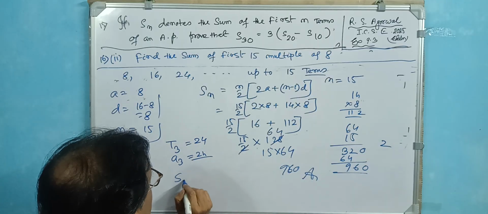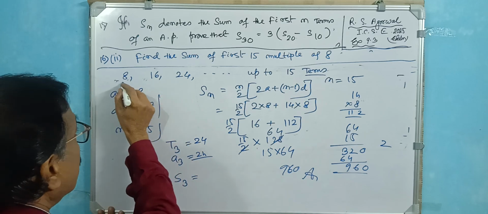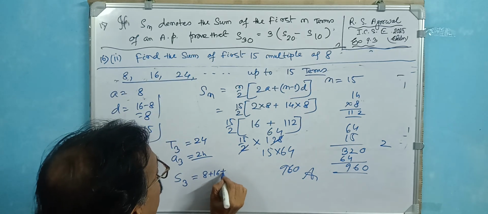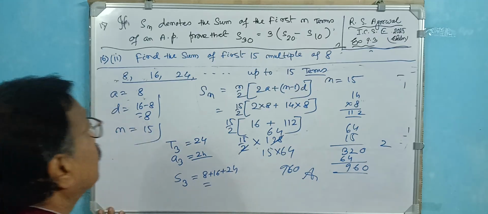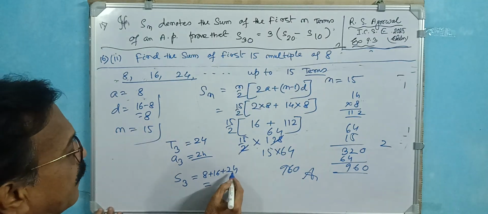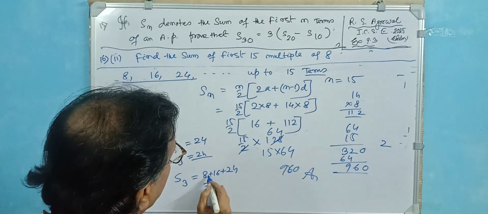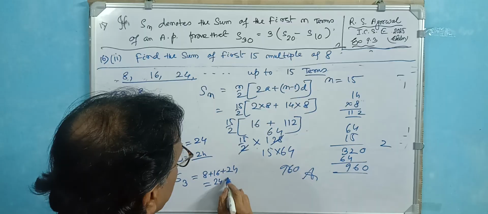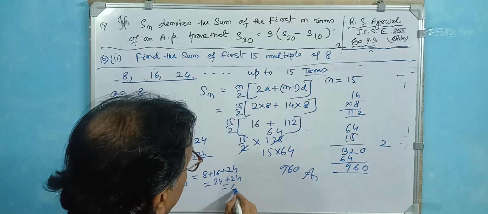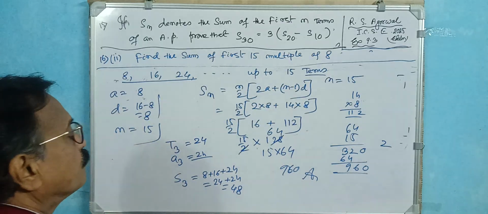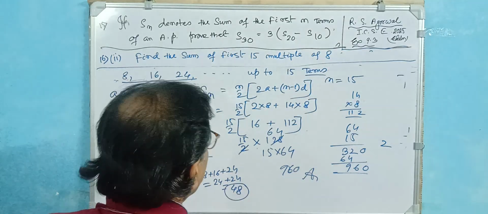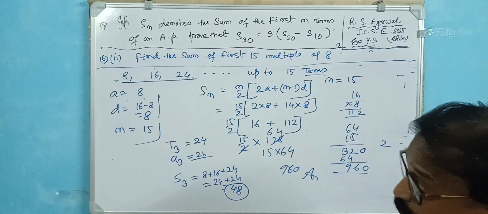But what is S3? S3 means sum. That is 8 plus 16 plus 24. This is S3. So that means 24 plus 24, this is 48. That is the difference.